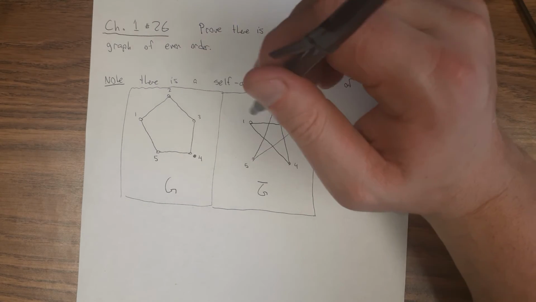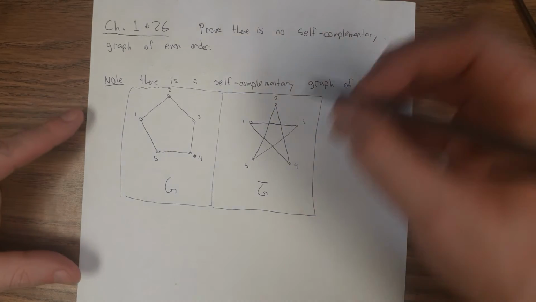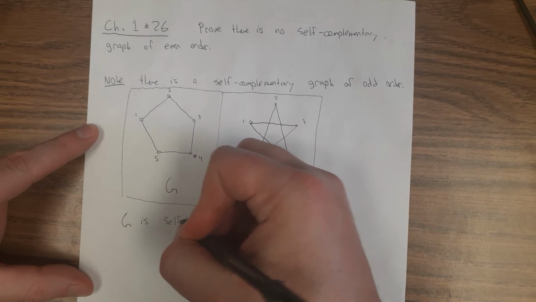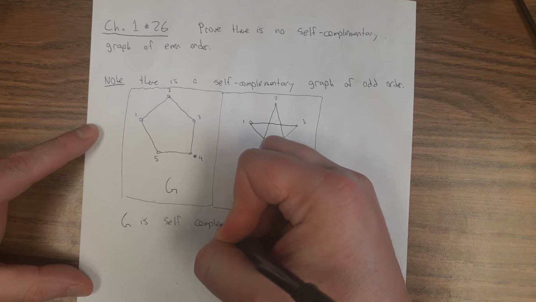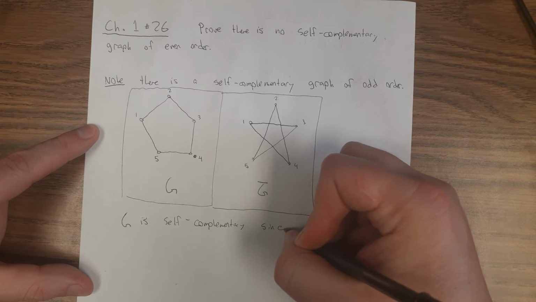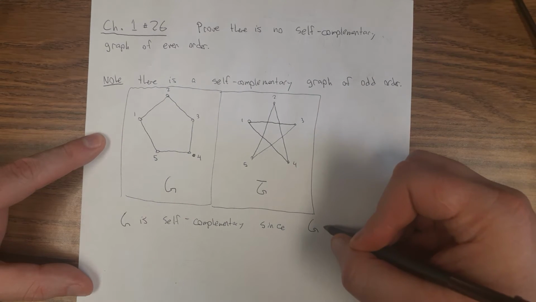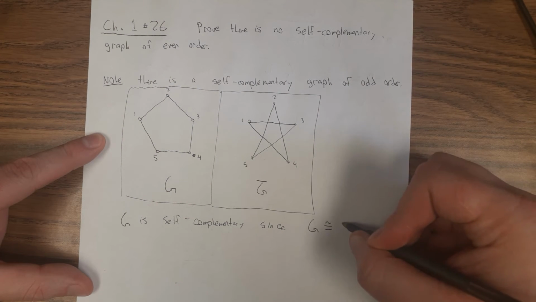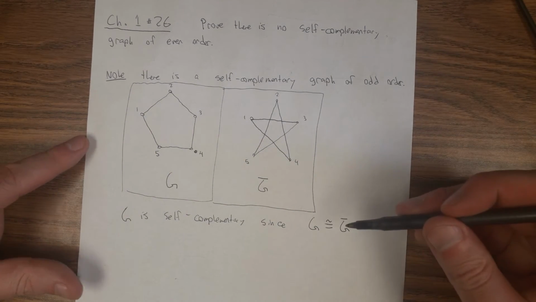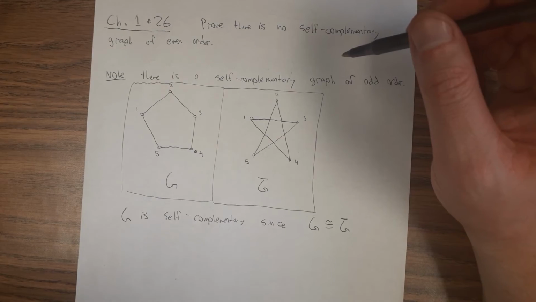And what I'm saying is that G is self-complementary since for this particular graph, it happens to be the case that G is isomorphic to its complement.